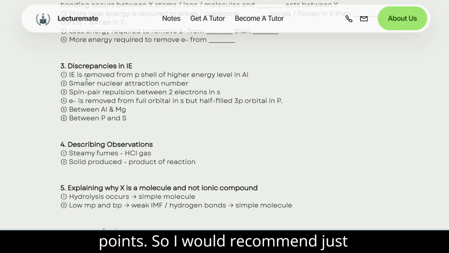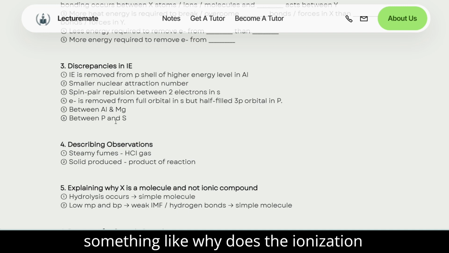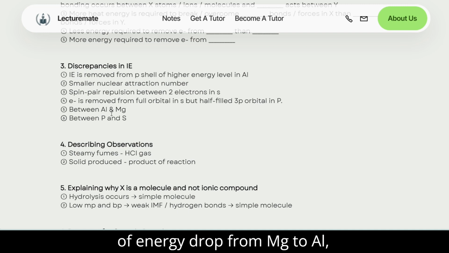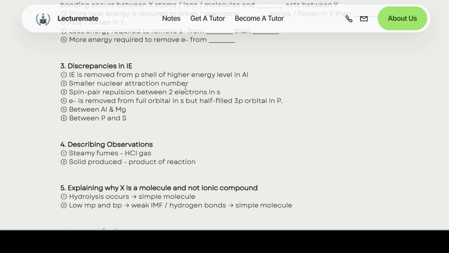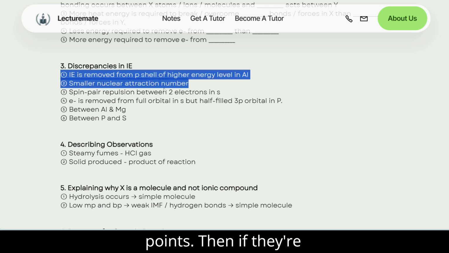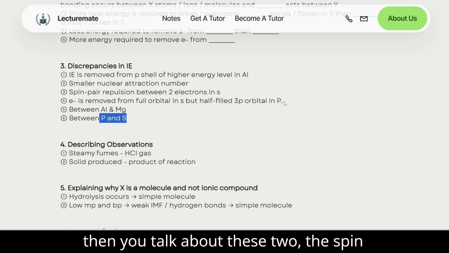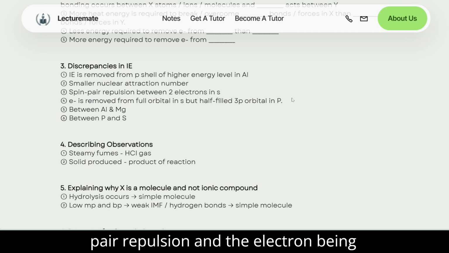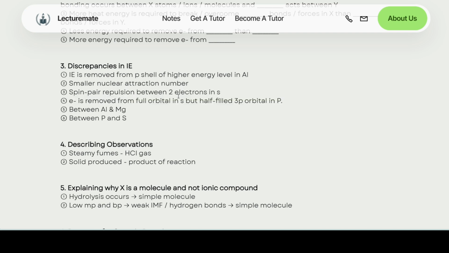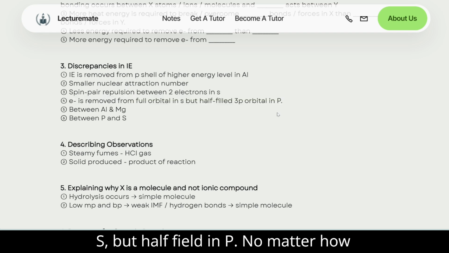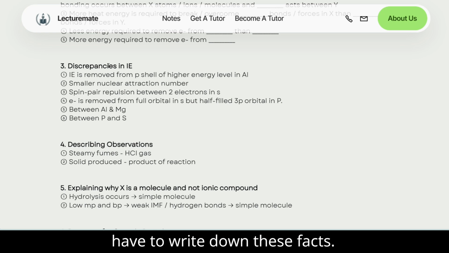So I would recommend just memorizing all of this. If they ask something like, why does the ionization energy drop from Mg to Al, then you just talk about these two points. If they're asking about why it drops from P to S, then you talk about these two: the spin pair repulsion, and the electron being removed from a full orbital in S but half filled in P. No matter how they phrase the question, you're going to have to write down these facts.